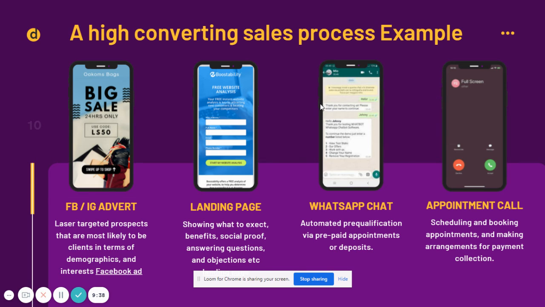Then at stage 4, you pick up the phone and you call them. Obviously, there are different ways of doing that. If you are not comfortable with calling them, you can chat with them on WhatsApp or text, and you can book or schedule the appointment for the client.